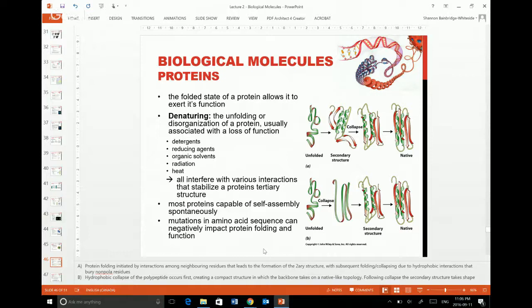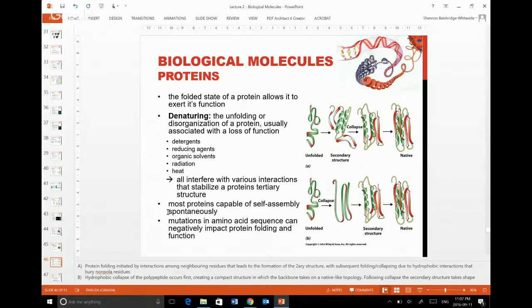So we call the unfolding of a protein denaturation. In a research laboratory, so in my laboratory, when I'm trying to measure proteins, some proteins can compact themselves so tightly and so small that it's really hard for us to actually measure them. So what we would do in the lab setting is we would denature them somewhat, so we would start to unfold them a little bit, just so that we can actually easily measure them.